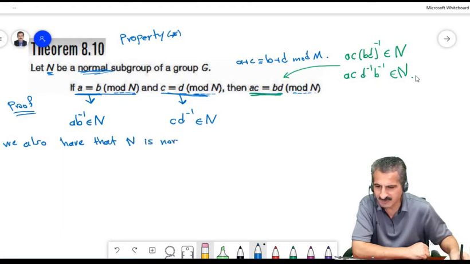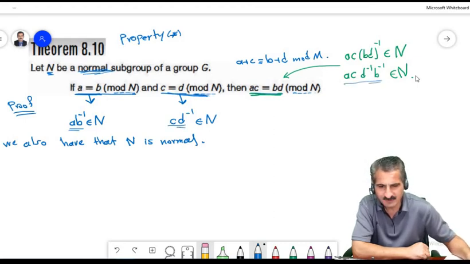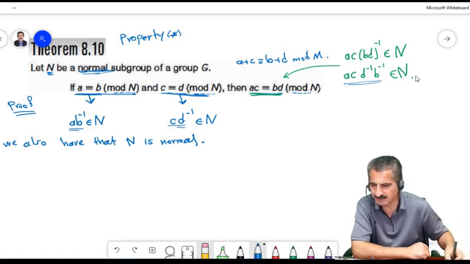So left coset equals right coset. But which left and right coset do we want to use? Let's use this and start with that and show that it belongs to N. So how will we do this?